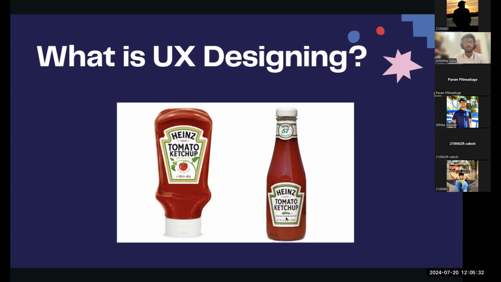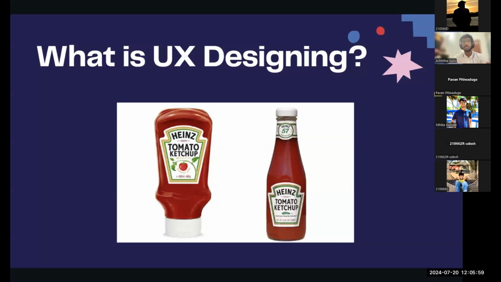So let's come back to UX designing. So that's the main thing. What a UI designer mainly thinks is, okay, we have sauce, we can put the sauce in this glass bottle, and we can add some stickers to tell what our brand is, the weight, or the ingredients.